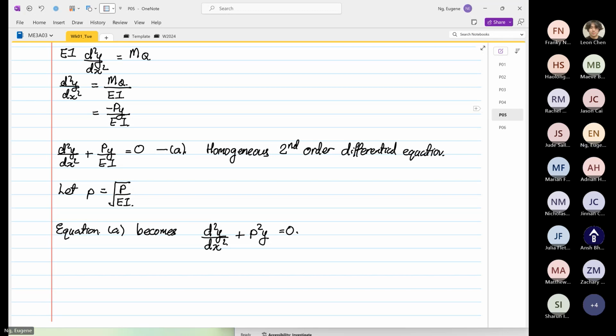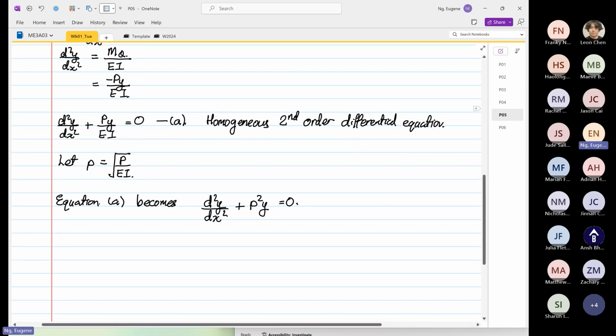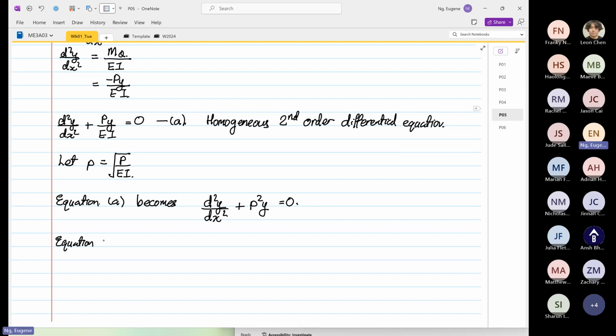So we know that equation A, the parent function looks like this: d squared y over dx squared plus a dy by dx plus by is equal to 0.